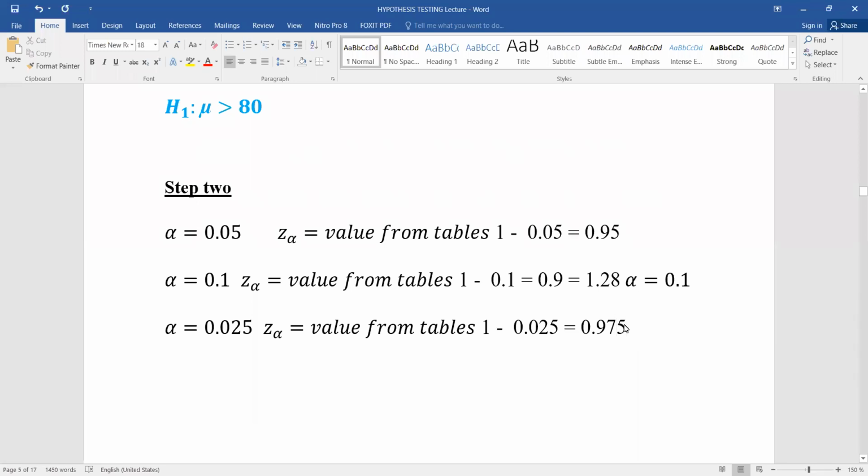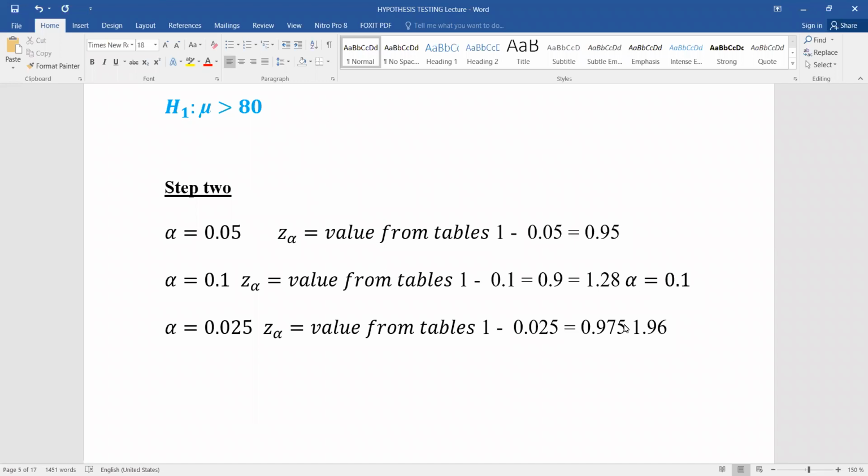What is the Z value from the table? 1.96. So that is how we read the tables.